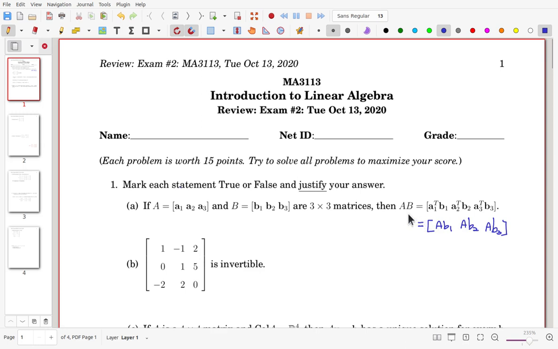That means that in matrix multiplication, the first column of the product is A times the first column of B, and the second column in the product is A times the second column of B, and so on. That's the definition. So the given one is wrong.